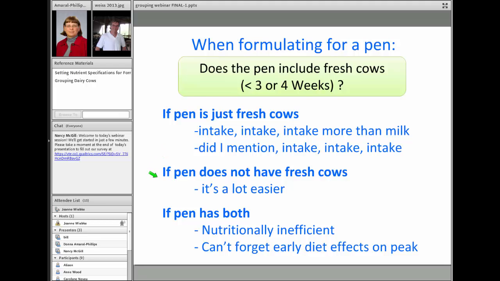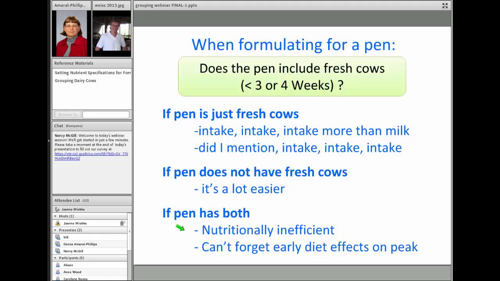Then another separation: if you have a pen of just fresh cows, then you're going to have a pen or more pens of cows that are not fresh, and we'll spend some time on those. It becomes more difficult when you have pens with both fresh cows and later lactation cows, like a one-group TMR.